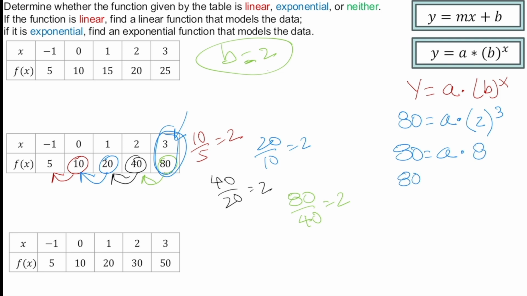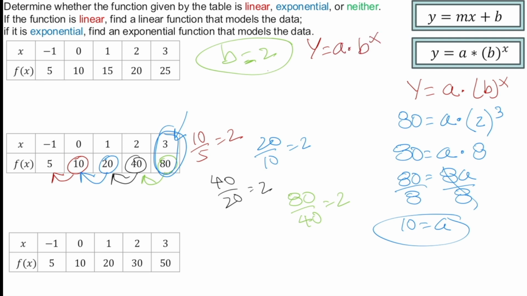This is the same as having 8a divided by 8. And that means that my a value is 10. Plug it back in. Y equals a times b to the x. Y equals 10 times 2 to the x power, and this is my exponential function.